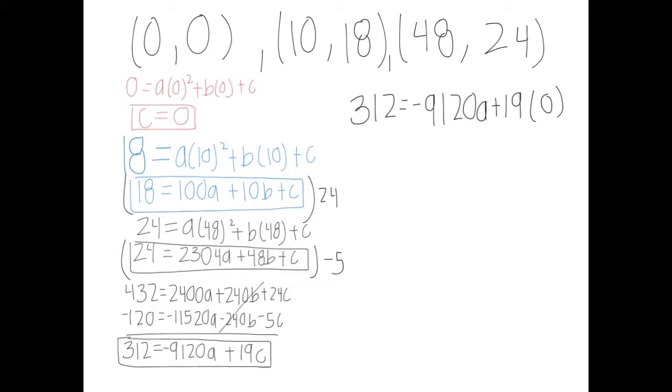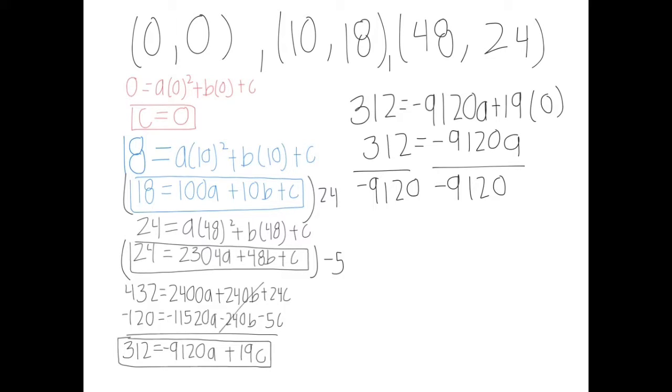We know c is 0. Now we divide both sides by negative 9,120, and our a value comes out to be negative 0.034.